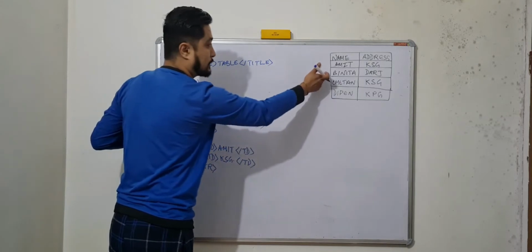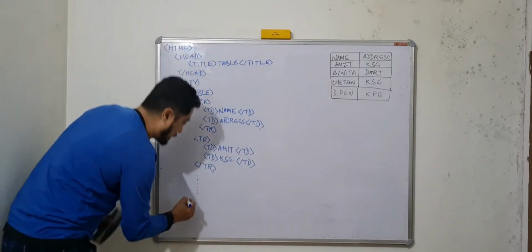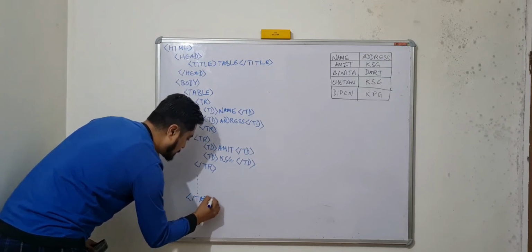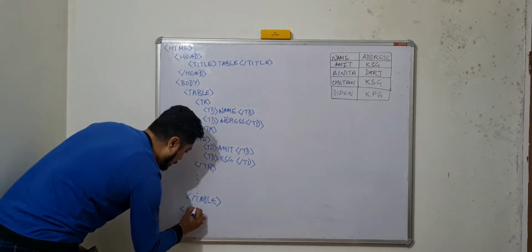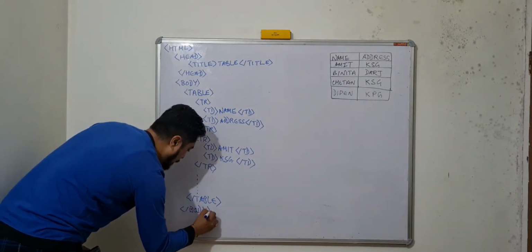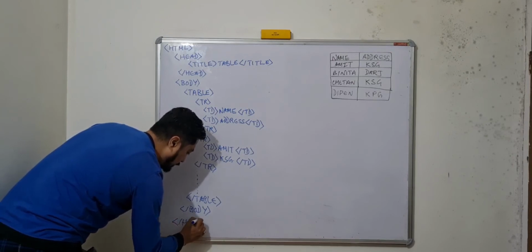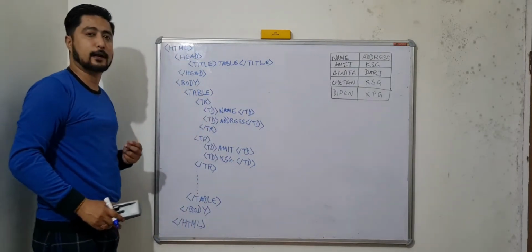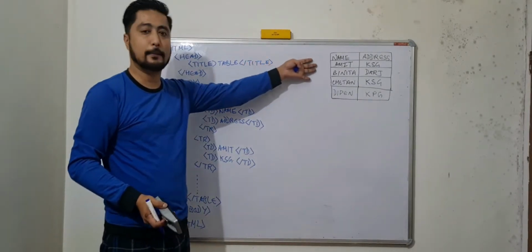For the third row, fourth row and fifth row, you start writing all this, and then at the last you close with the table tag, close body, and then close HTML. Then you save the program and run it, and this type of table will be created.